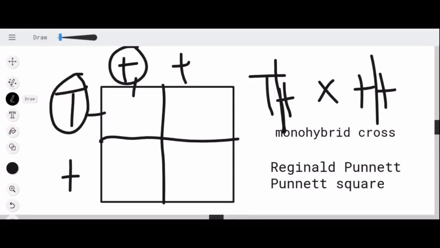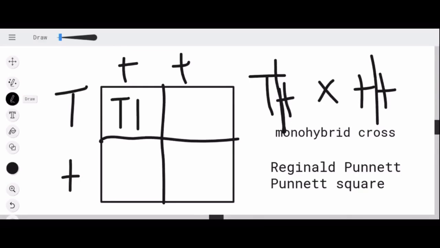And so when you drag it all in there, you end up with that. Which means the child will have curly hair because it has a dominant trait. And by the law of dominance, the dominant trait always masks the recessive one. And then you do the same thing with this column, with this trait and this one. You look across and you look down, and it's going to be the same.